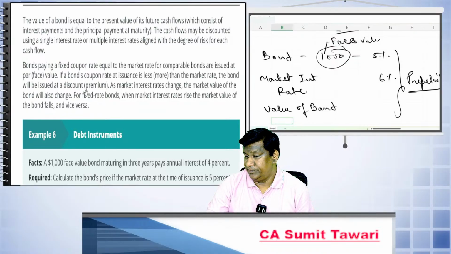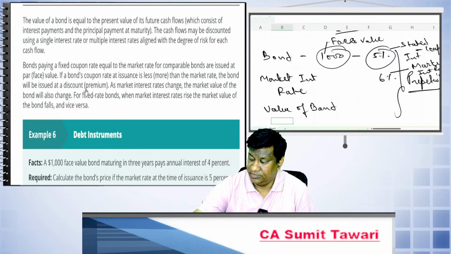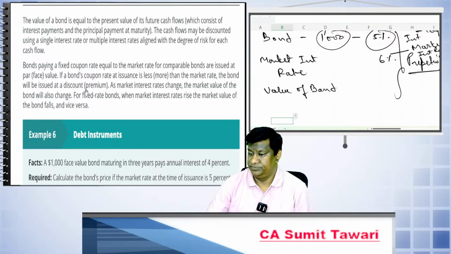And the stated interest rate is 5%, you can say the coupon interest rate. Okay, but the expected interest rate is 6%. Market interest rate means expected one. Any guess?